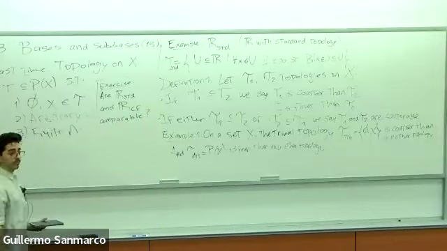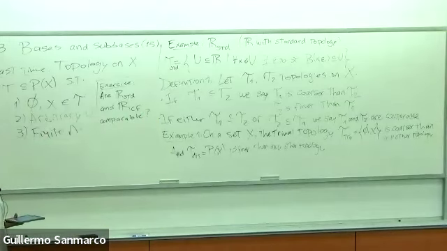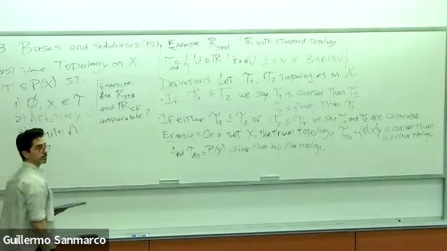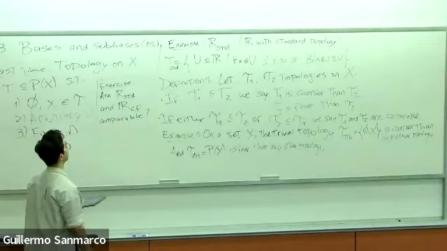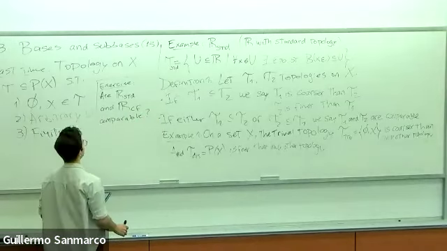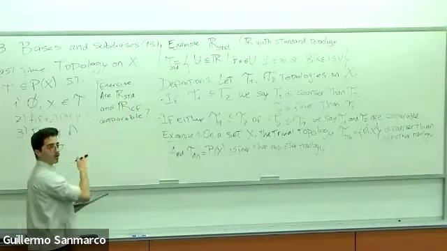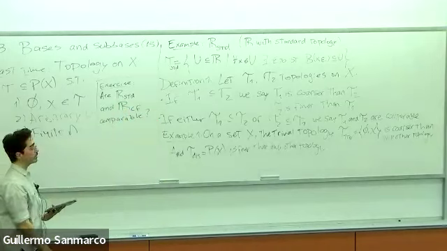This is a good question for you. Are these two topologies comparable? We have two topologies on the same set. Here, in our standard topology, opens are unions of intervals.